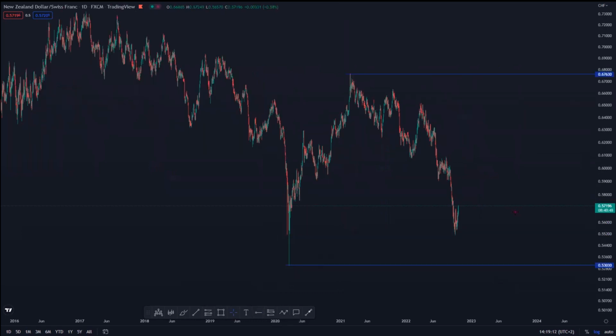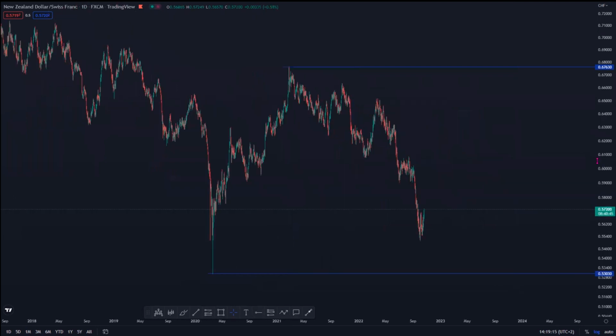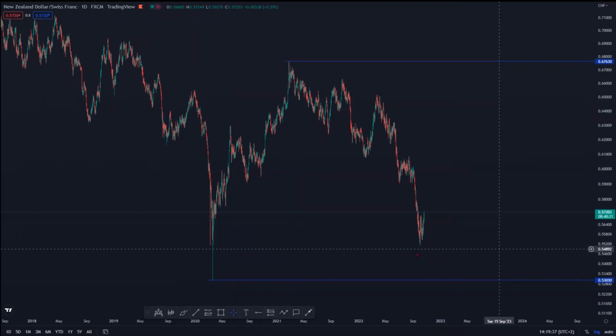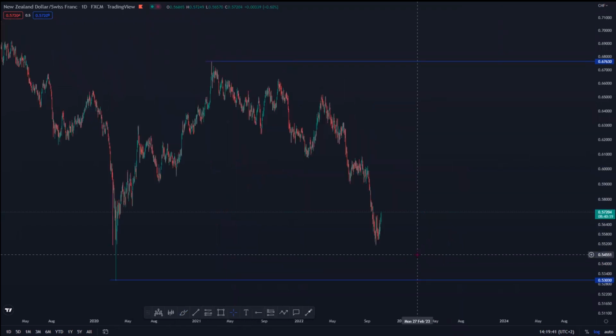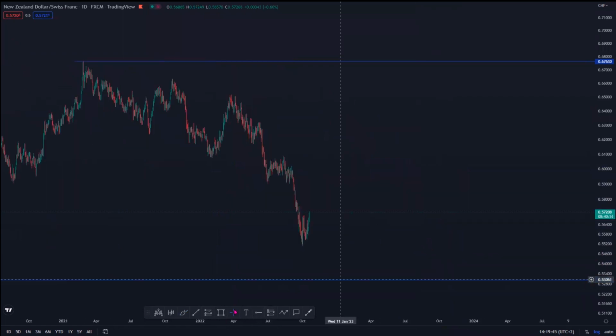What I'm thinking on this pair, if you saw GBPUSD, is that I didn't know the market would come down to test the lowest low of GBPUSD and go up. So I think the same thing might happen here on NZDCHF. But remember, you don't have to trade what you think, you have to trade what you see. So we have our highs and our lows.